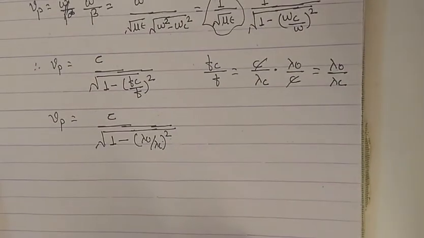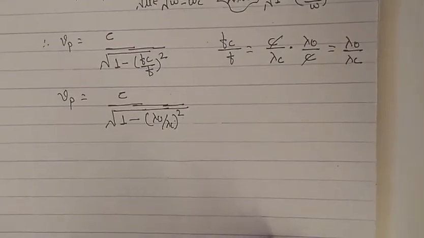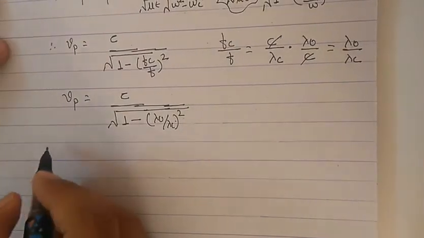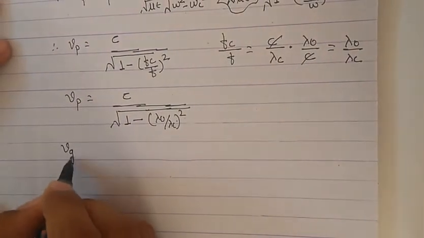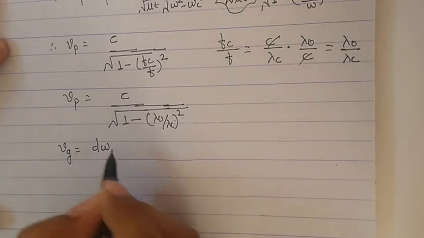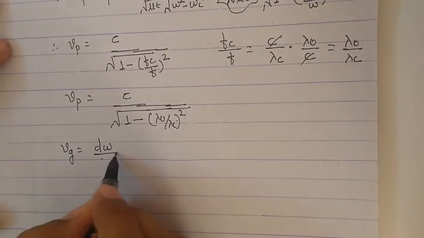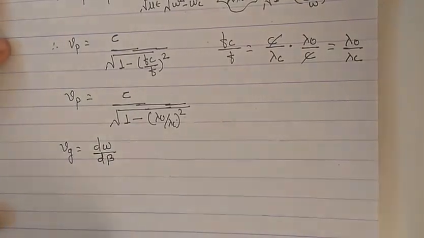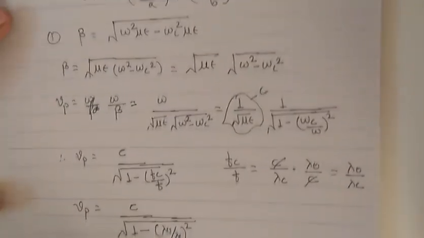Now let us obtain the expression for group velocity. We know that group velocity is defined as d omega over d beta. So we know beta.